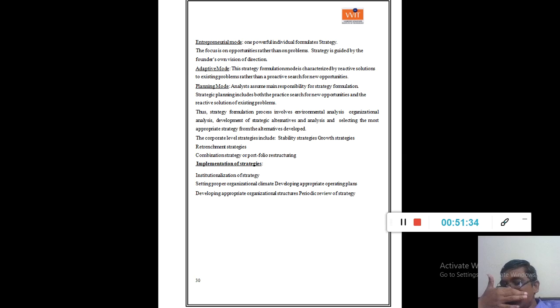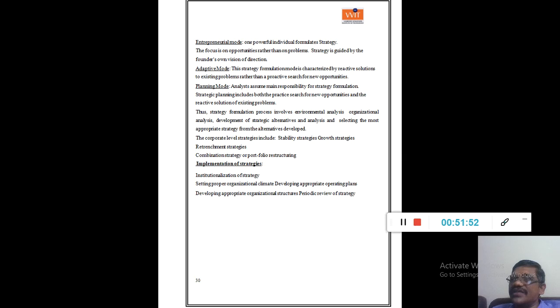Coming to implementation of strategies, you have institutionalization of strategy, setting proper organizational climate, developing appropriate operating plans, developing appropriate organizational structures, and periodic review of strategy.